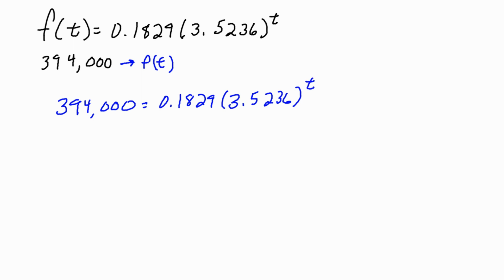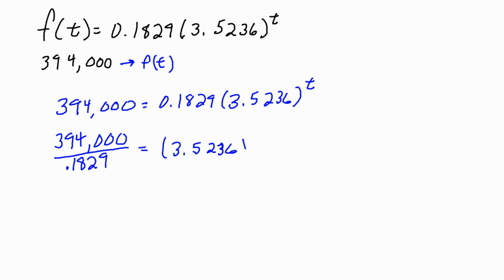So our first step is divide by a. So I have 394,000 divided by 0.1829 equals 3.5236 to the t power.